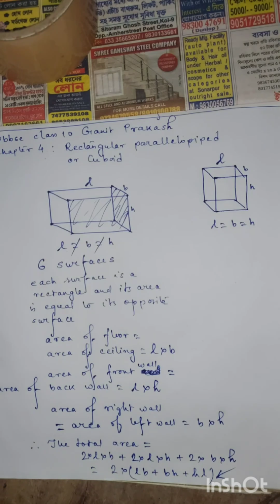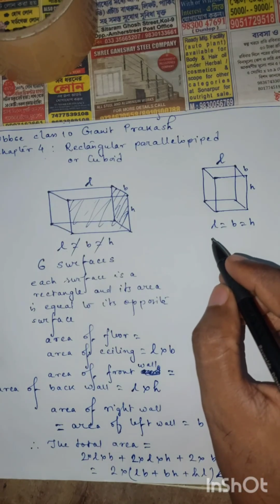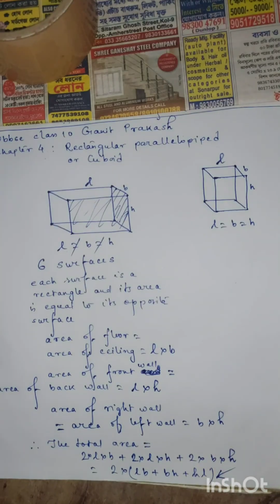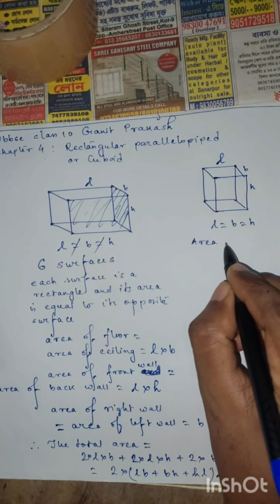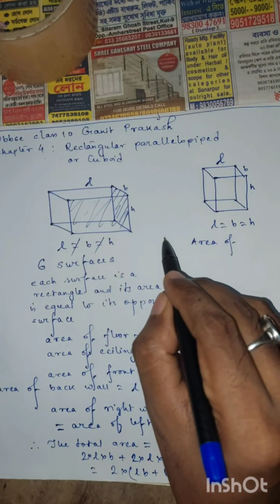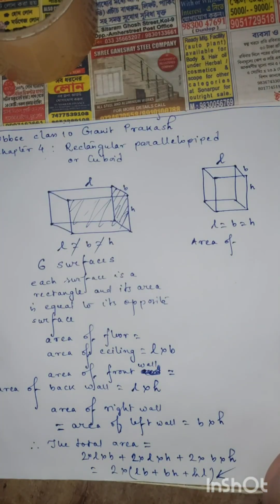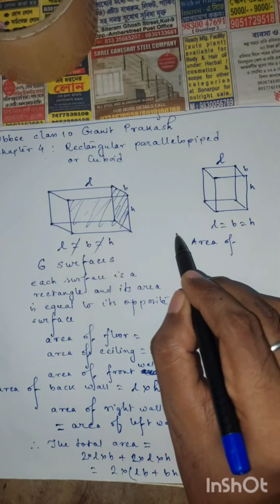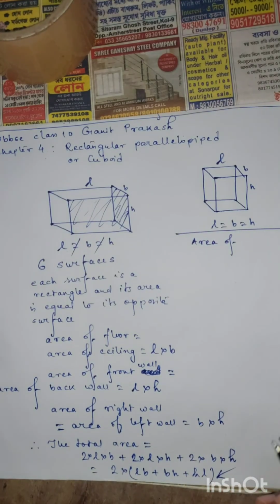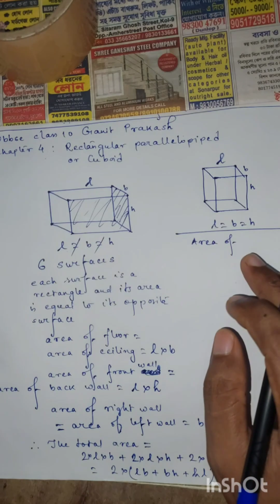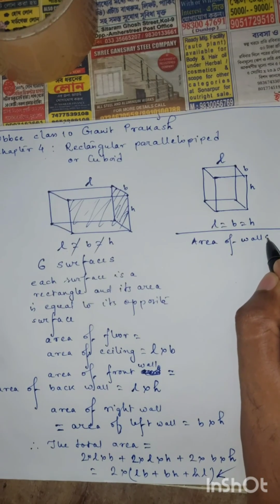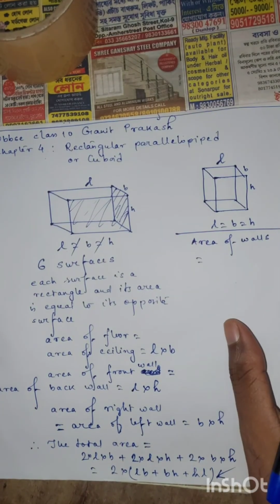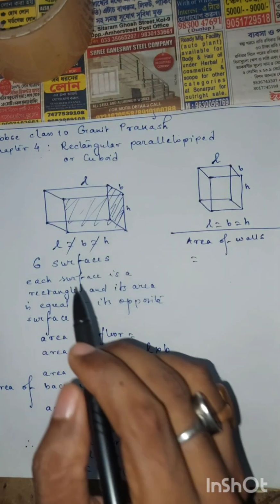So if the question says area of walls, I am talking about cuboid.